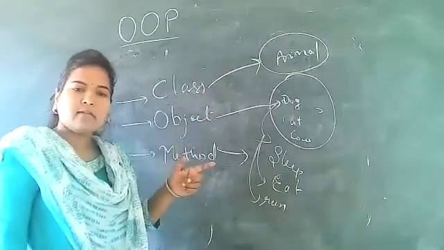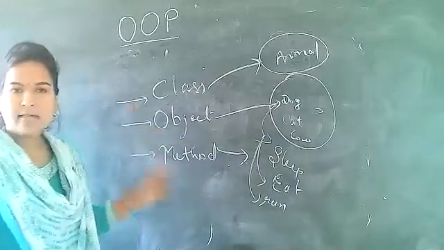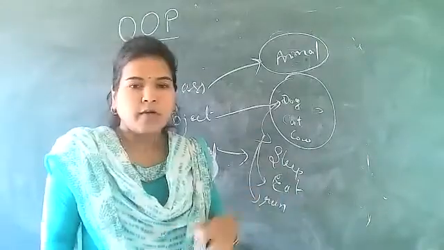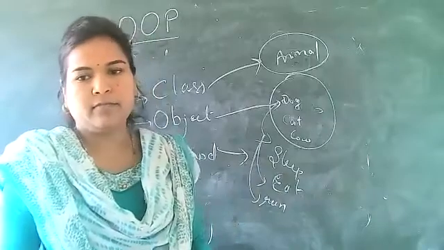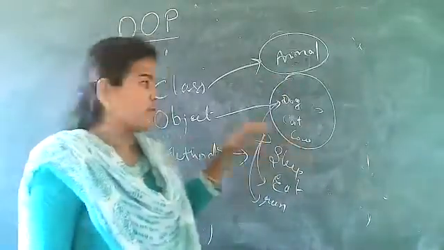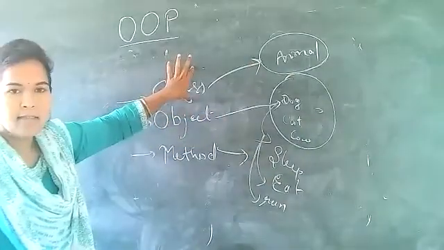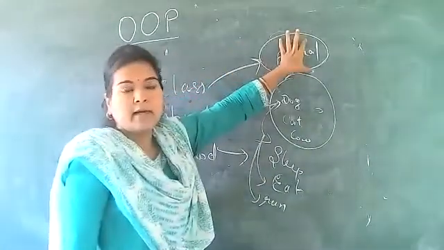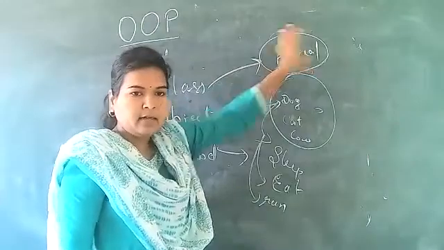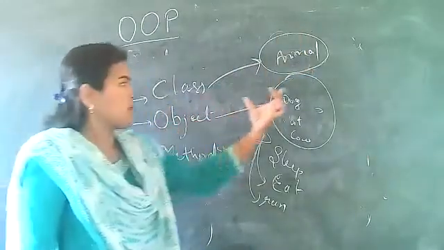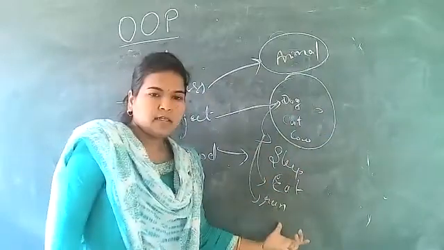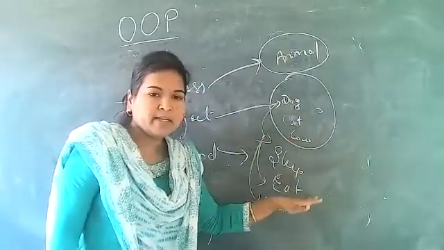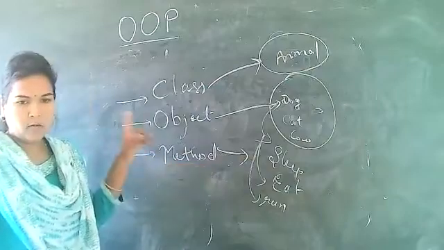If you understand this one, then from my side 50% of the work is over. If it is class, I am telling you it is animal. Object I am telling you is a particular animal. Method I am telling you is sleep, eat, run. This is the behavior. Behavior is nothing but the method.